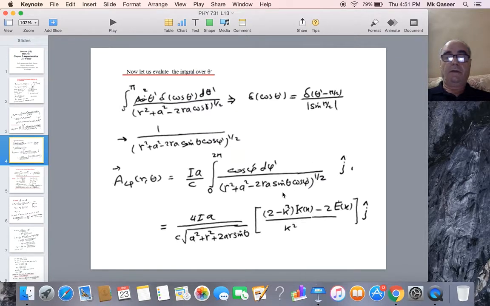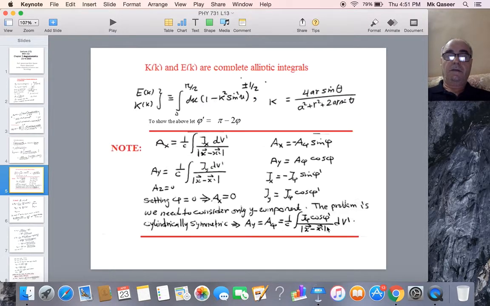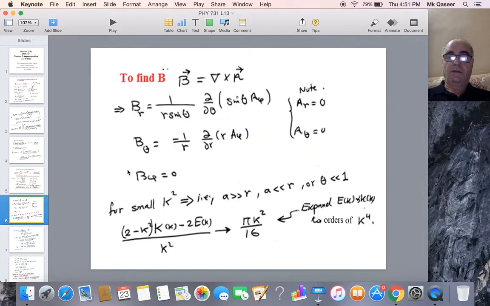Performing this integration gives us this result, where K of k and E of k are complete elliptic integrals given by this expression. k squared is 4 a r sine theta over a squared plus r squared plus 2 a r sine theta. This is a summary of what we did in the previous lecture and the previous slides.